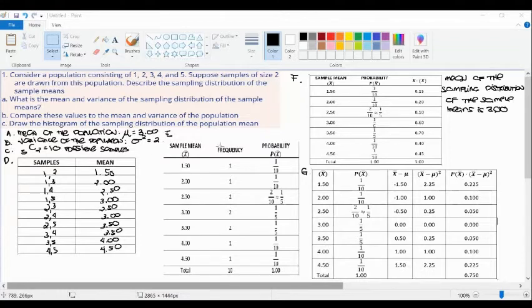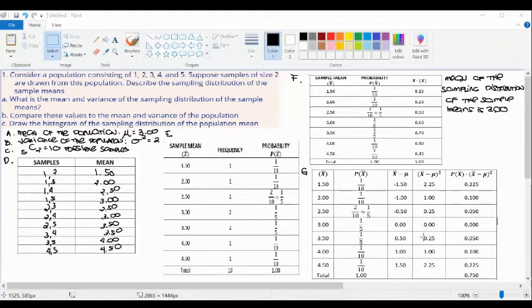So we're going to subtract the population mean from your sample mean. So here we have 1.5 minus 3, that is negative 1.50. And then 2.00 minus 3.00, that is negative 1, and so on and so forth.